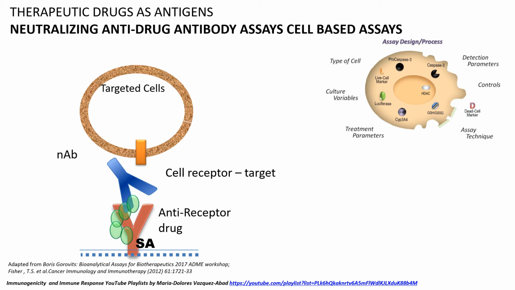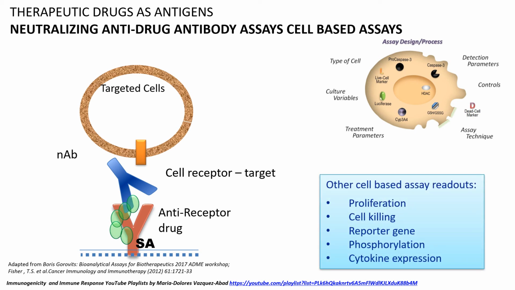If there's none detected, there's no need to do the neutralizing anti-drug antibody assays, because neutralizing anti-drug antibodies are only a subset of anti-drug antibodies. There are many different ways of doing these neutralizing antibody assays. It is even more complicated than anti-drug antibody assays.